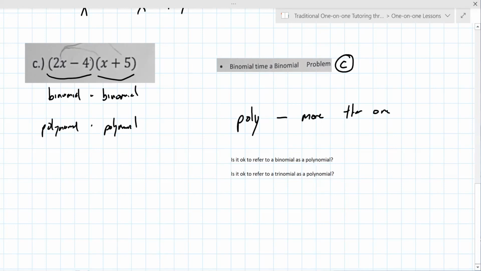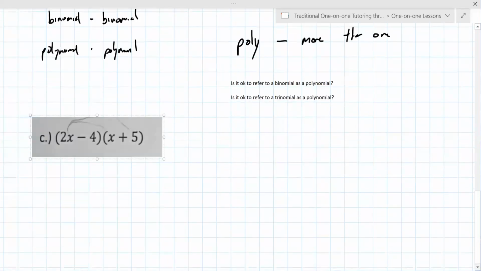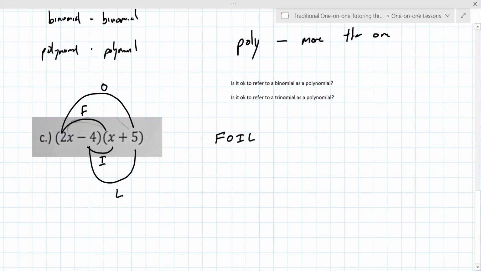Okay, excellent. So the actual math here, the mechanics, is what's called a FOIL problem. You multiply the first times the first, that's F. Then you multiply the outer, then the inner, and then the last.